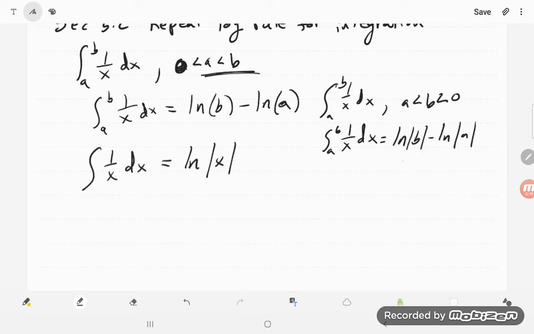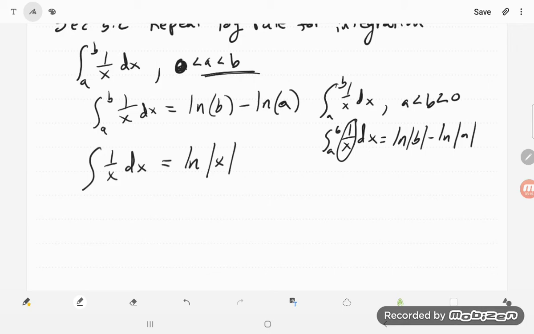Because you have a perfectly valid function here that you're summing up over these numbers, and I can put negative numbers into 1 over x, so it will sum up. And so it better have some sort of answer. And if I didn't have those absolute values, then I couldn't take the logarithm of b or a because they're negative.